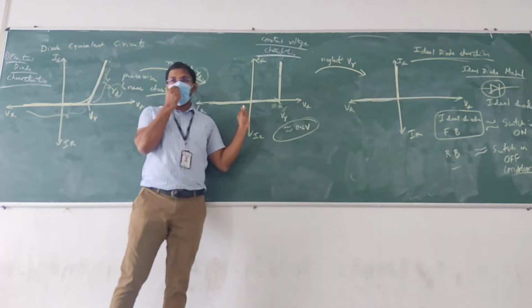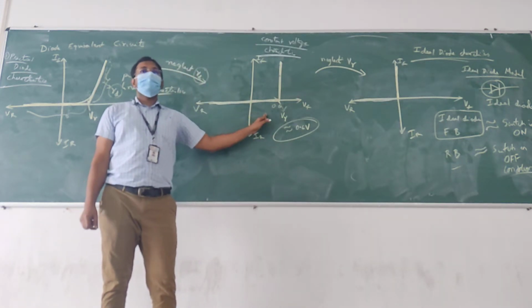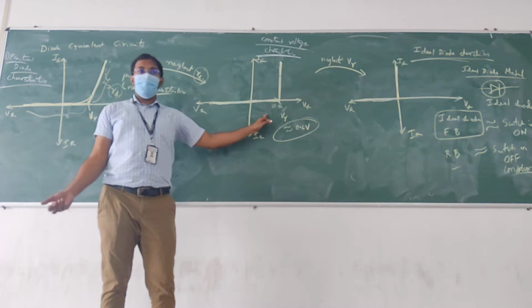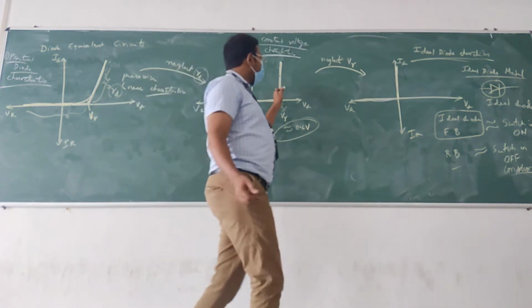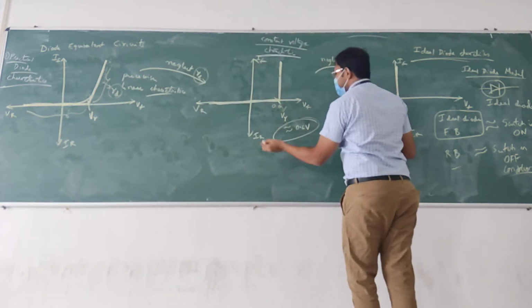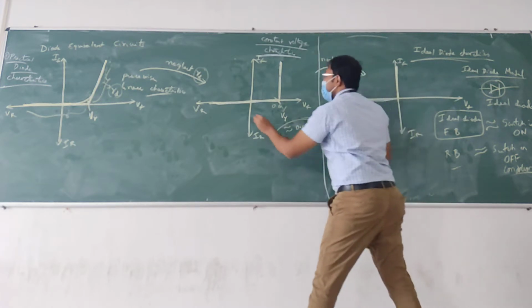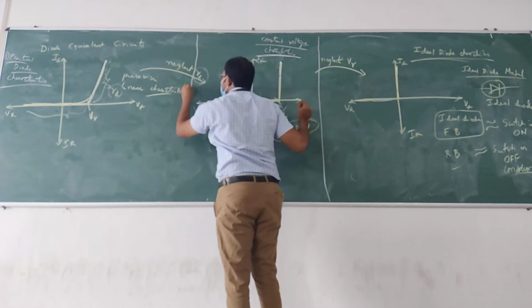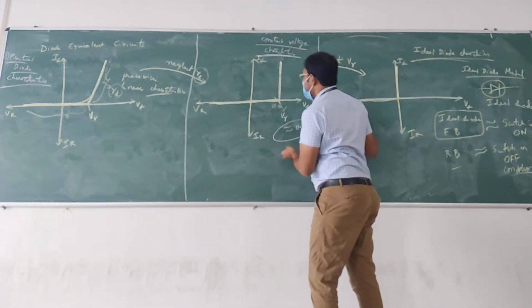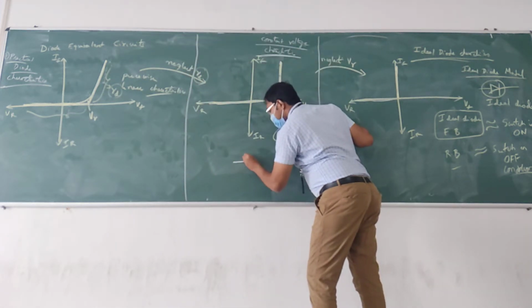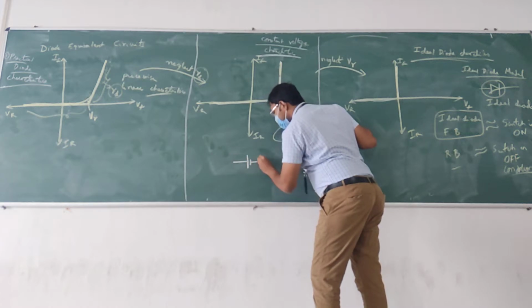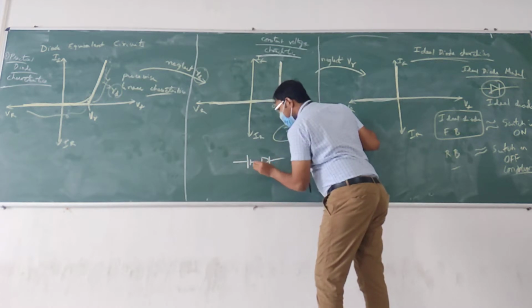Tell me, what should we add to this? So what will be the constant voltage model? It will be just simply V gamma, then the ideal diode.